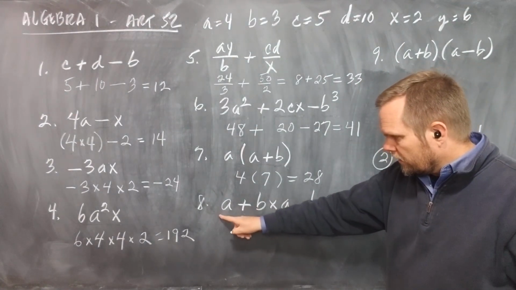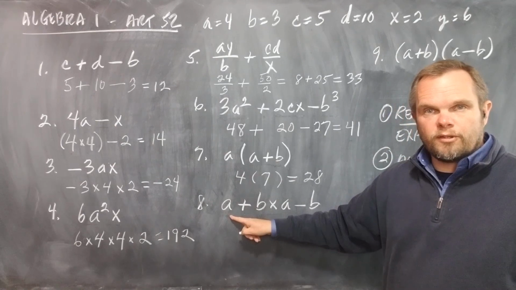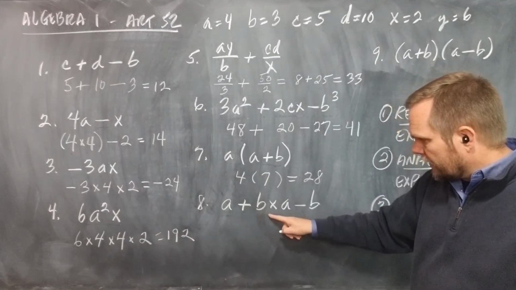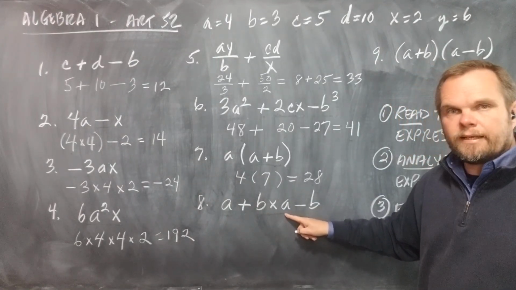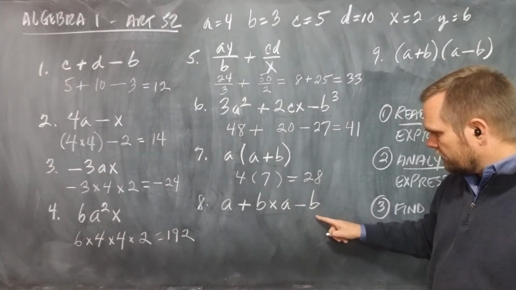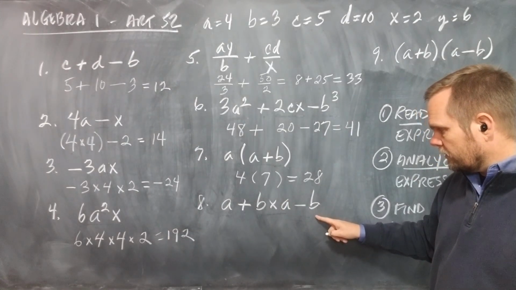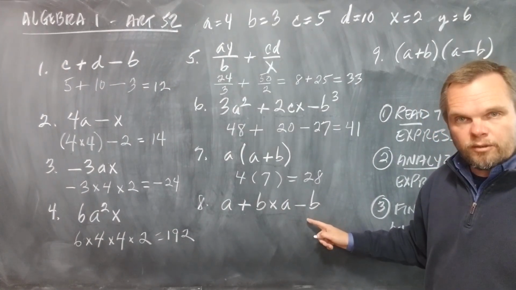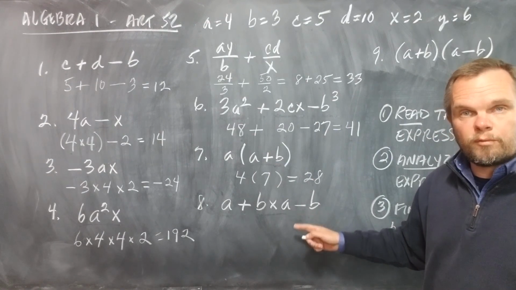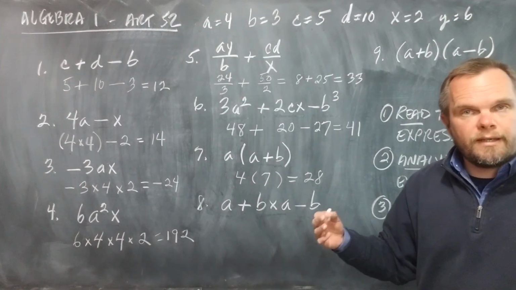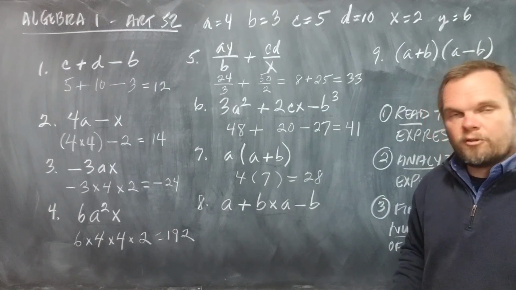Therefore, a is our first term, b times a is our second term, and negative b is our third term. So we have 3 terms. That's going to help us find the numerical value.